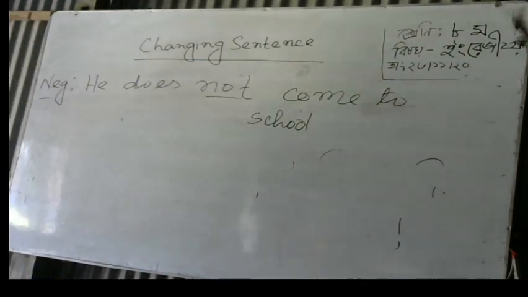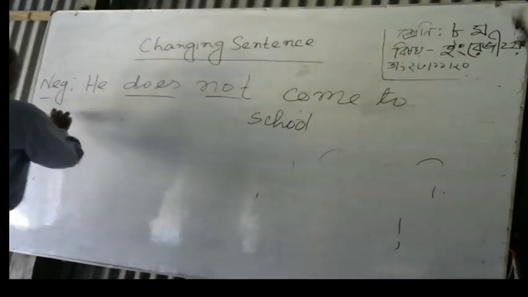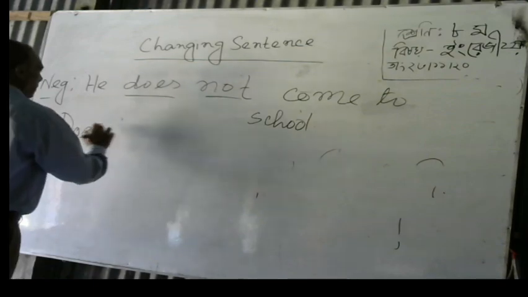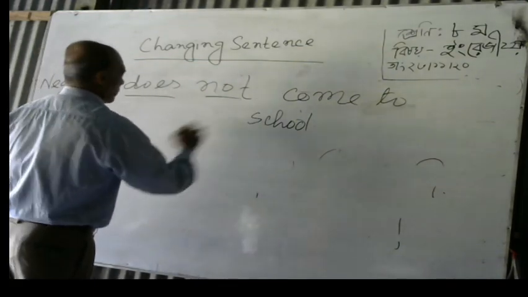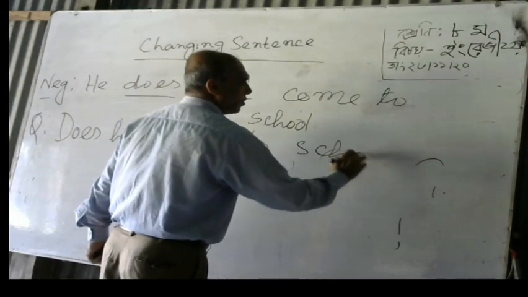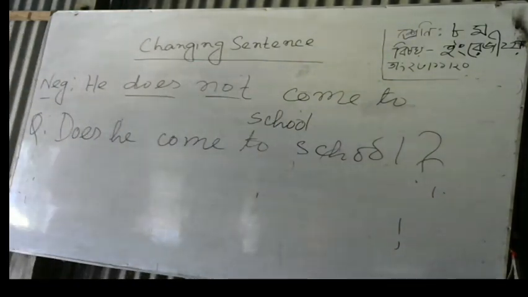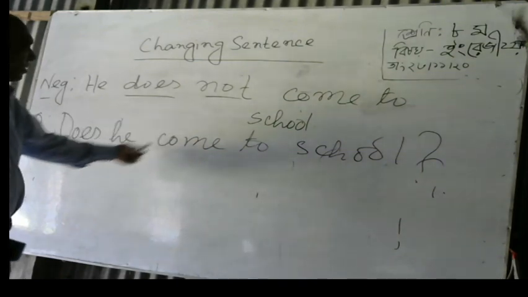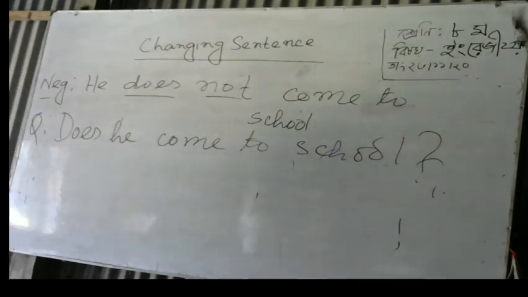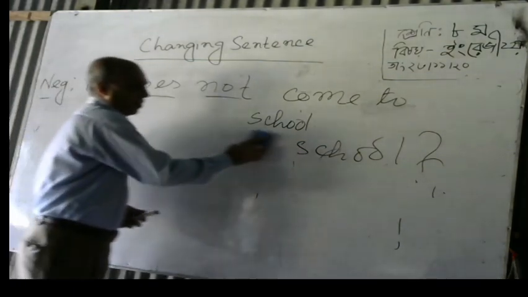So if you make a question, the question will of course be positive. You can use the auxiliary verb. Does he come to school? Does he come to school? The question will be like this. So what can you see? If the statement is negative, the question will be positive, like this. And if the statement is positive, the question will be negative. That's it.